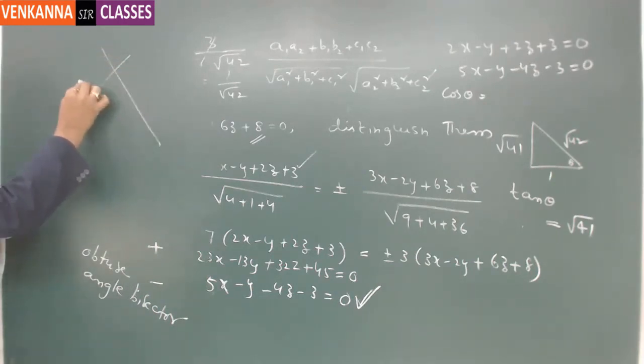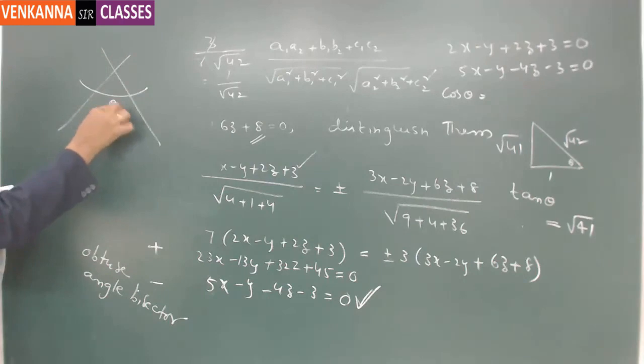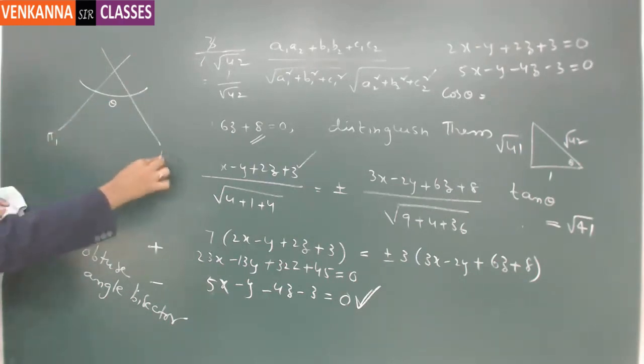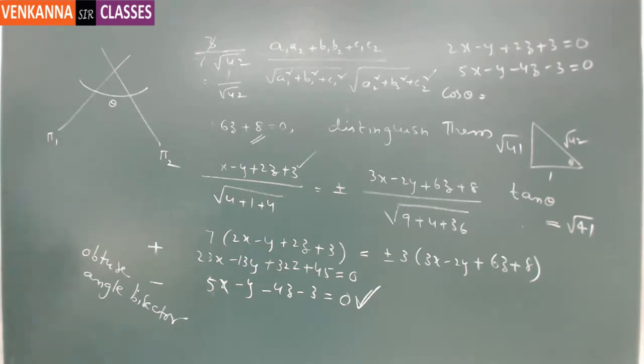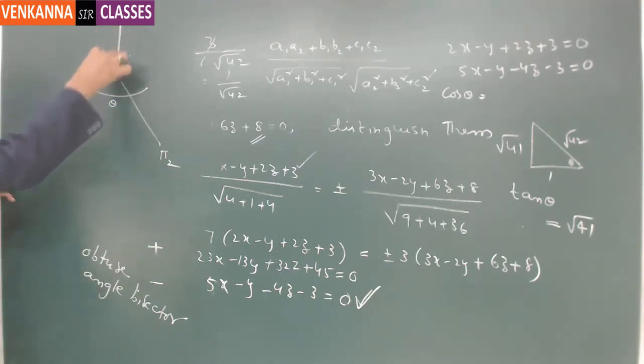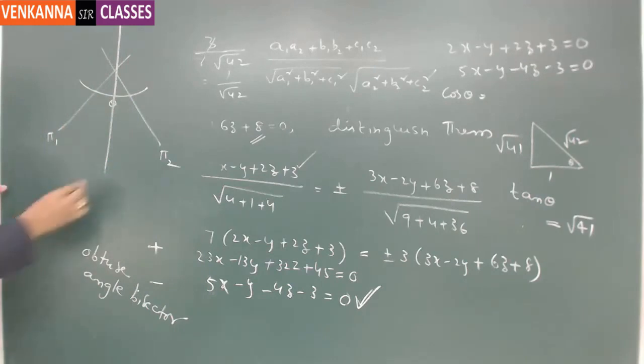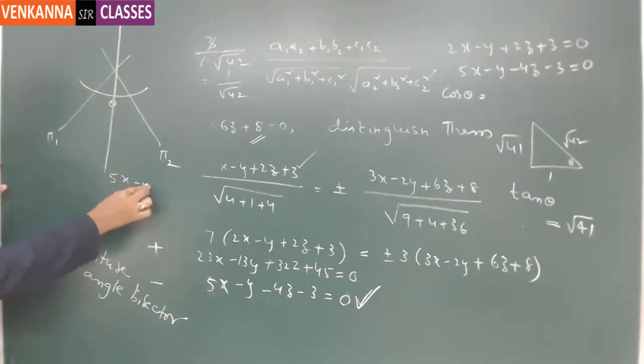So the total angle between them, say theta, for the given planes, pi 1 and pi 2. I don't know about this angle, is it acute or obtuse between the given planes. Now, after finding a bisecting plane, this is my bisecting plane 5x minus y minus 4z minus 3.